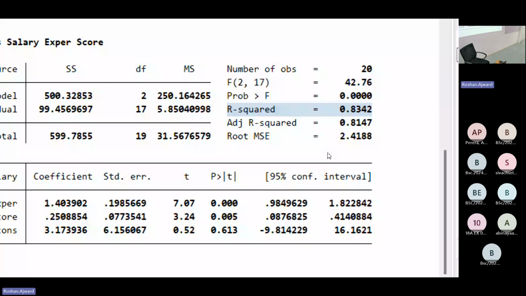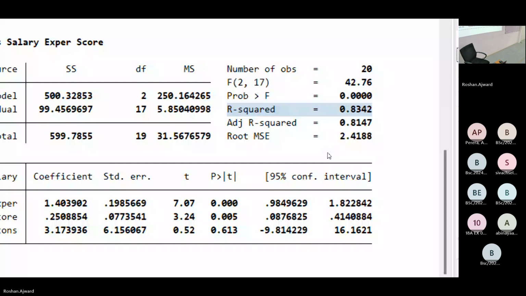You have to convert this to a percentage. You will understand why we express that as a percentage. R square is 83.42%.